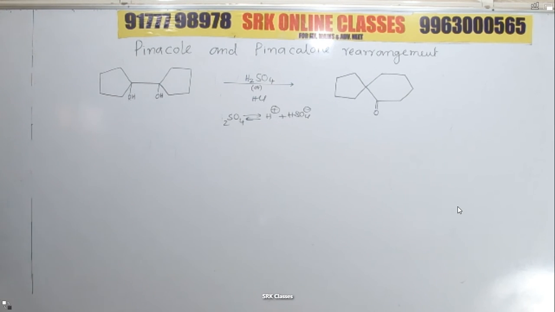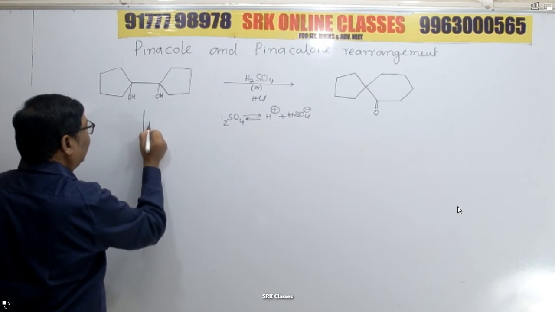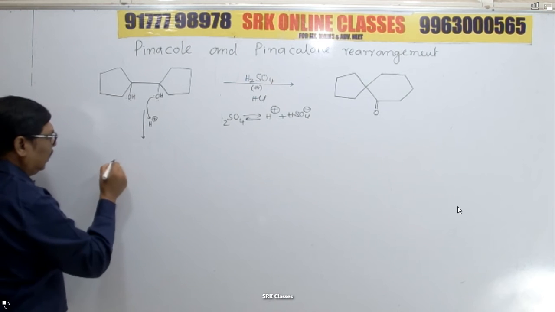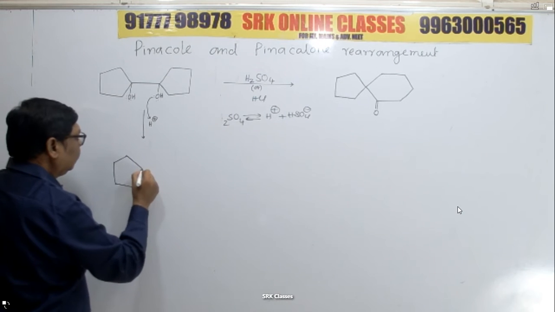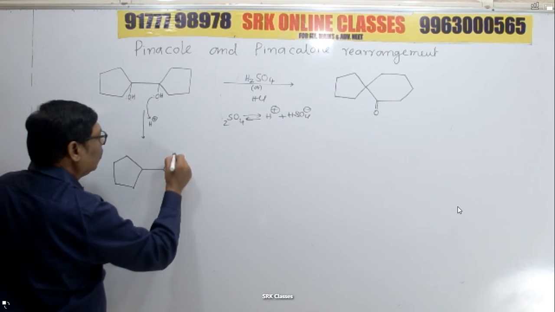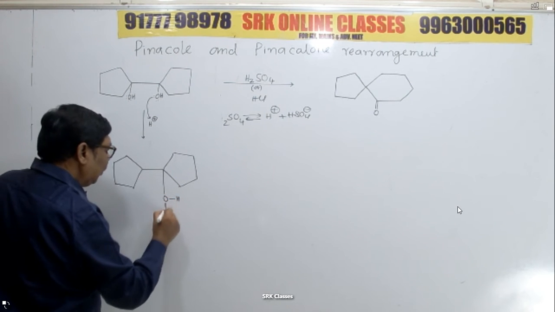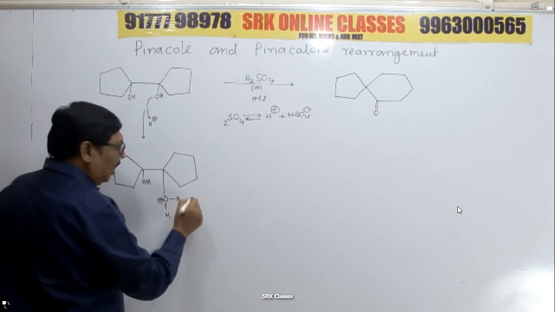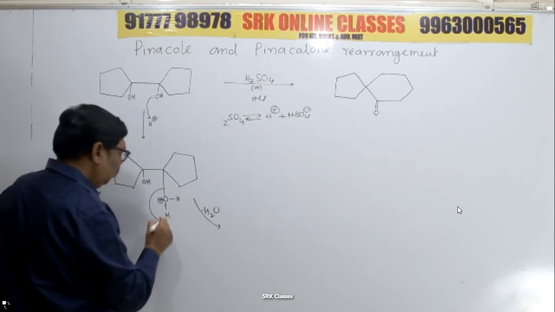This is a symmetrical compound. Therefore, H plus can approach from any OH group. Therefore, I am writing this pair of electrons. First step, protonation. This is the protonation part. Now elimination of water from this OH, minus H2O.